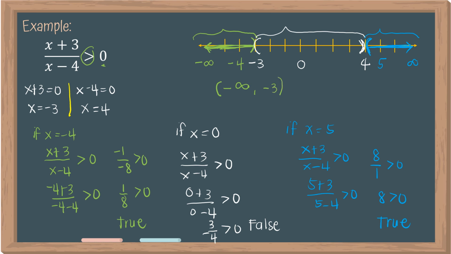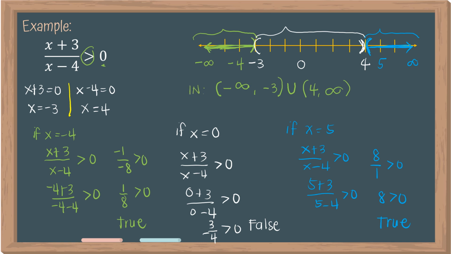Of course, we make use of the parentheses since -3 is not included as a solution. And then union, we have 4 and then going to positive infinity. So this will be our solution set. Okay? So this will be in interval notation.